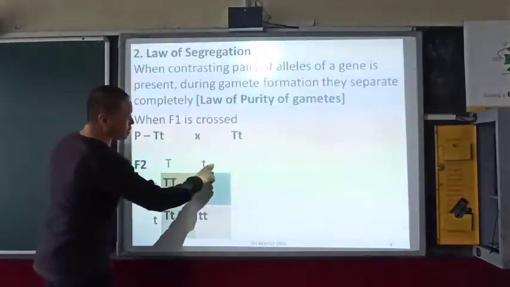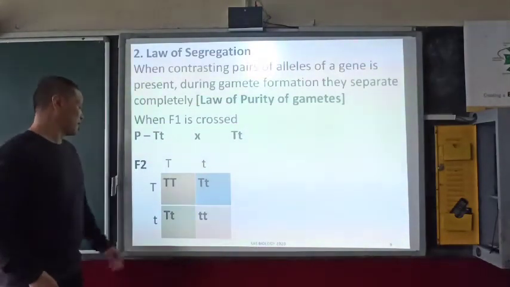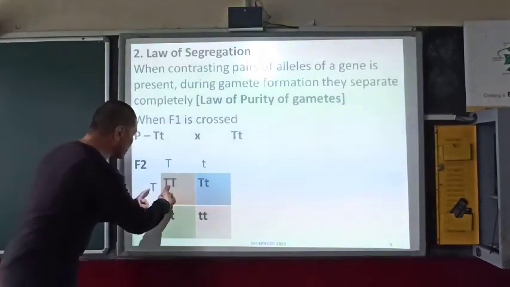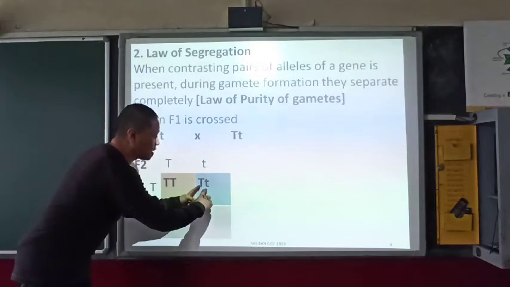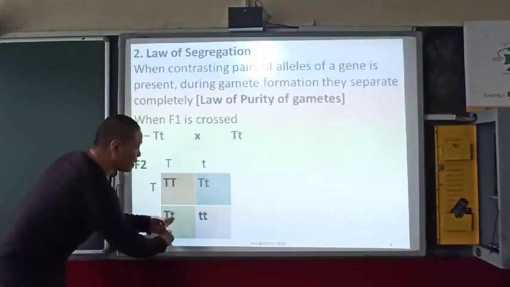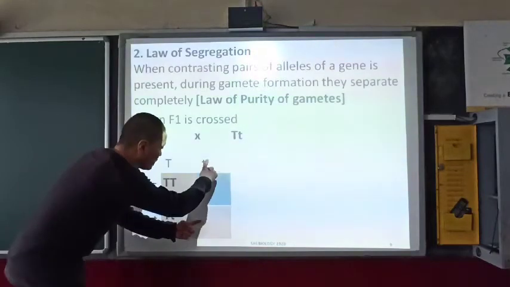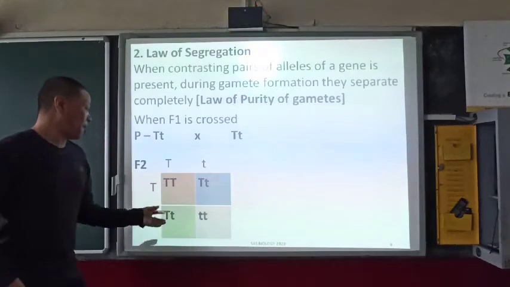So one set of gametes we arrange on the top, and the other one vertical like this. And the capital T comes here, and this capital T goes in here. This capital T goes in here, small t comes down. Here again, the capital T drops down here, small t here, and small t here, this small t here.